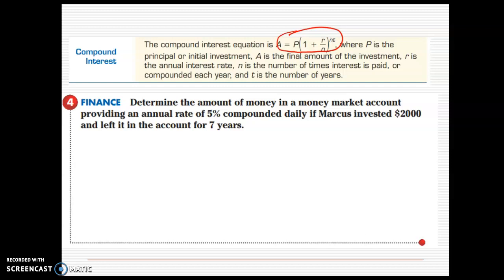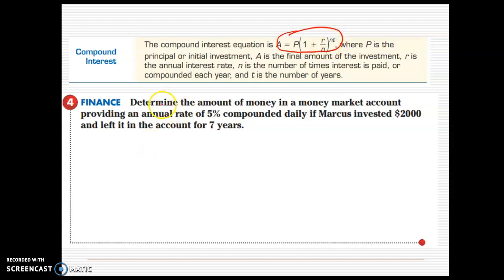So the formula is A, accumulated amount, equals P, which is called your principal, times 1 plus your rate divided by the number of times per year it happens, all raised to the number of times it happens times the time you're going to leave it in there.